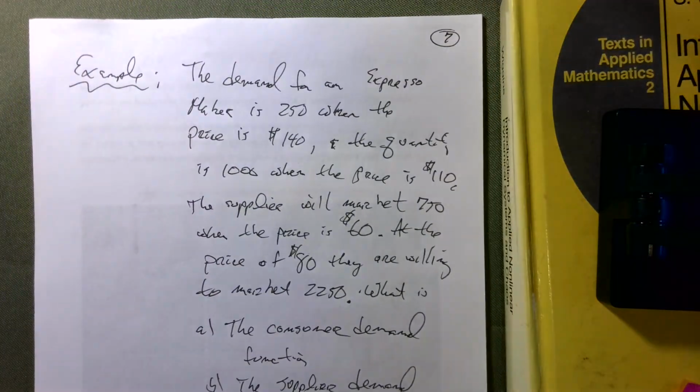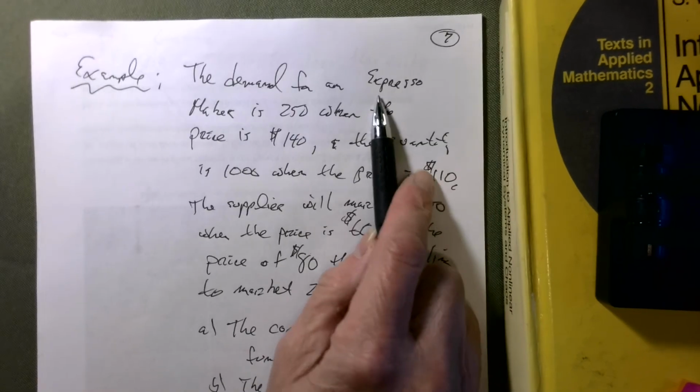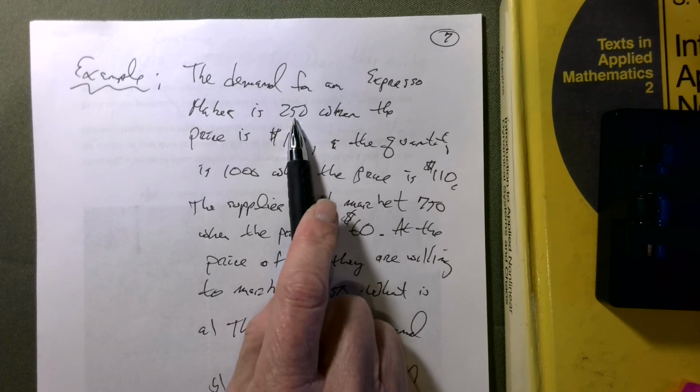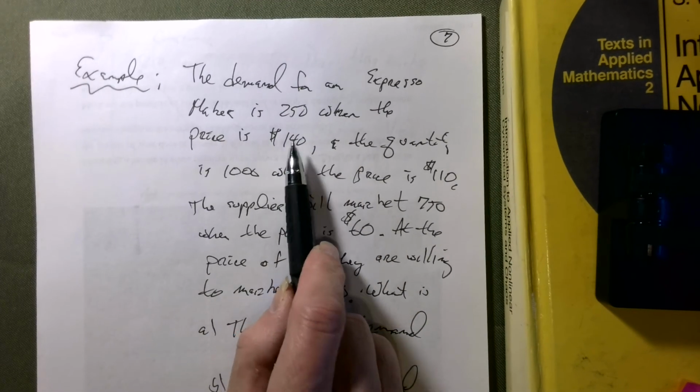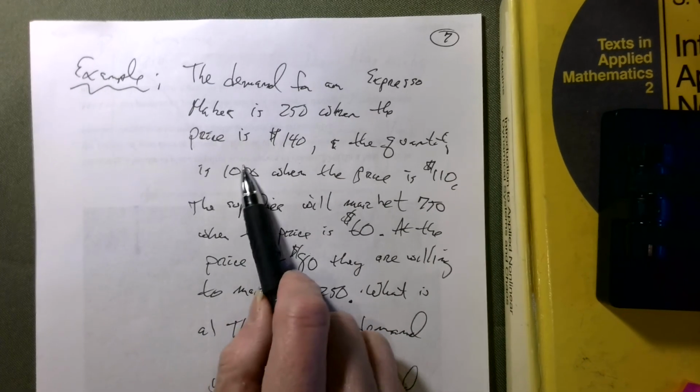Okay, so let's take an example here. Suppose I tell you that the demand for an espresso maker is 250 when the price is 140, and when the price is 110, the demand is 1,000.